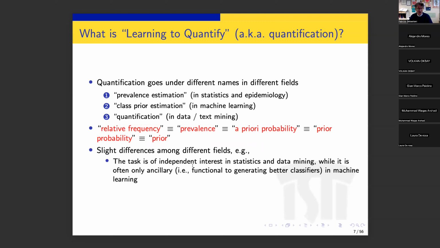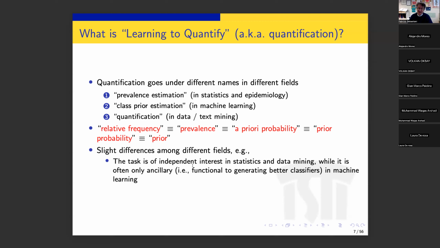Also, there is some variability in the literature on the term for what quantification deals with. Quantification deals with the estimation of the relative frequencies of classes, which are also called the prevalence values of classes. The notion of prevalence is typical terminology from statistics, while the same thing is also called a priori probability, prior probability, or simply prior, which is typical terminology from machine learning.